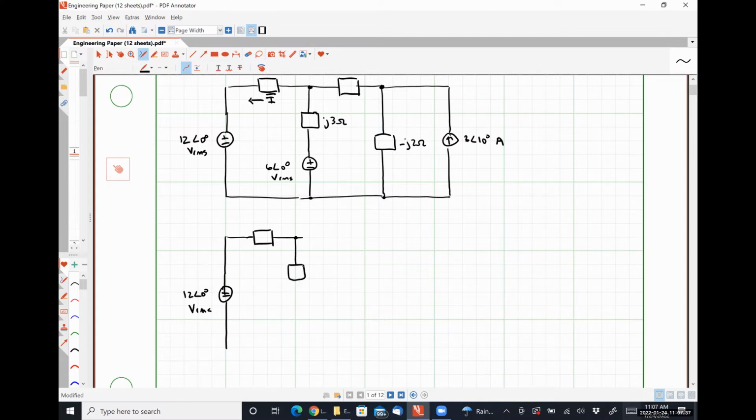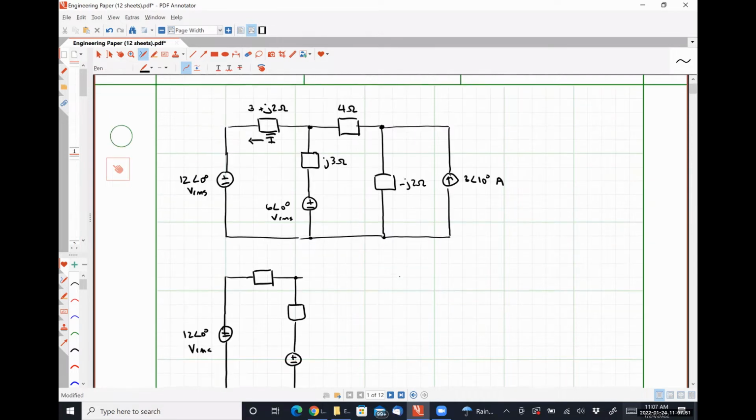Result of the source transformation, yes, sir. Just the 2 angle 10, or would you just add it to like 90 degrees? You wouldn't add or subtract 90 degrees. Hold on just a second.